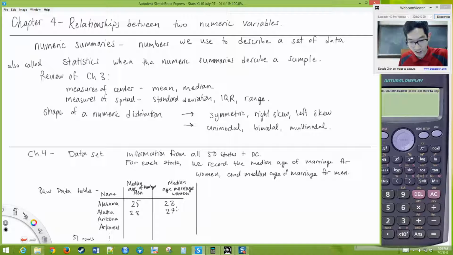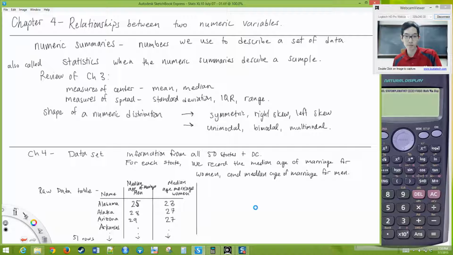I don't know. Okay, so anyway, we're just making things up, right? And then we'll say in Arizona, it was 29 and 27, okay? Et cetera, okay? So we gather all of this data for all 50 states plus DC.